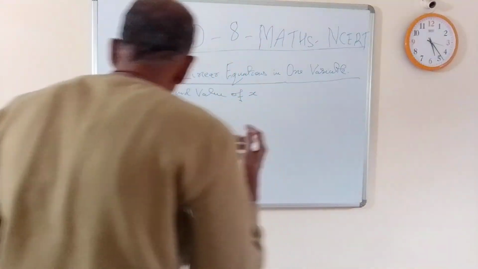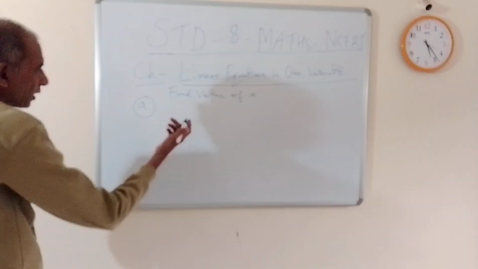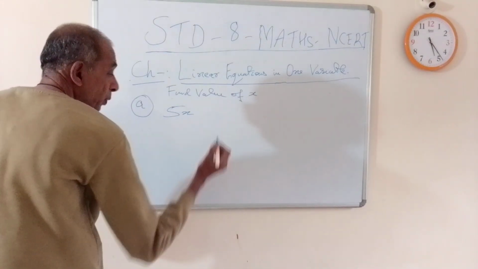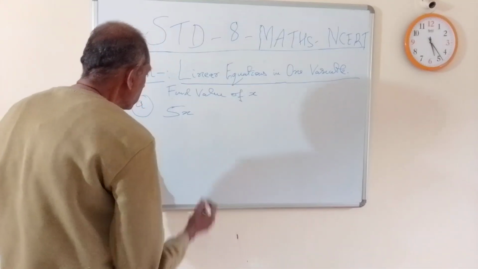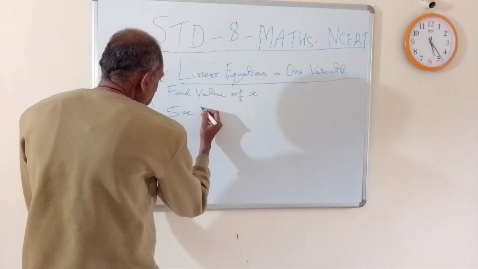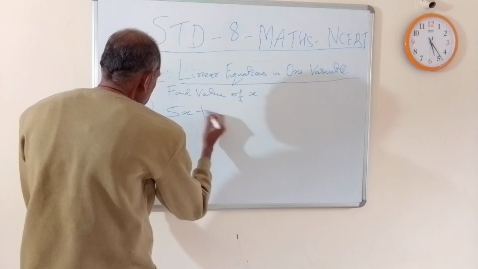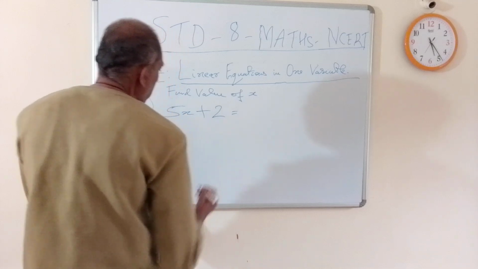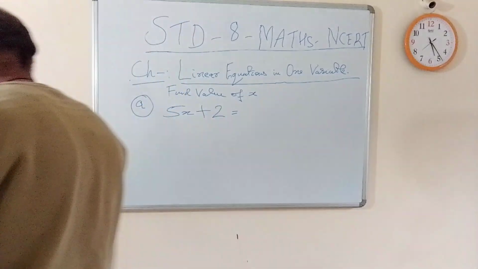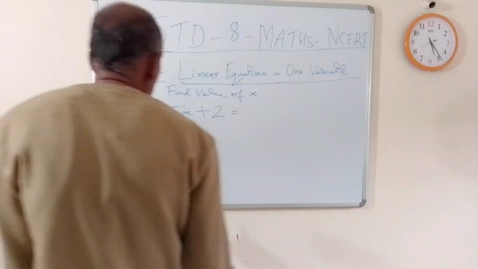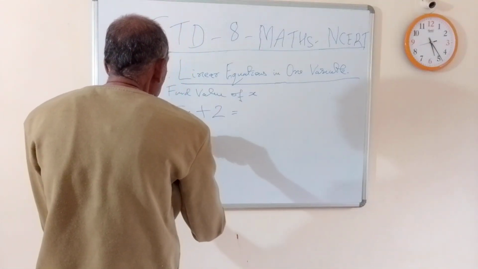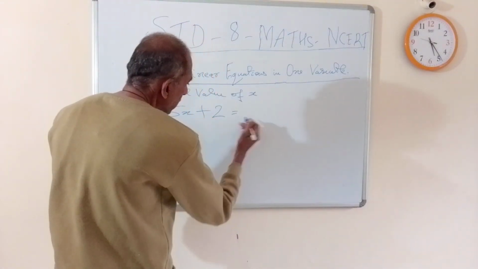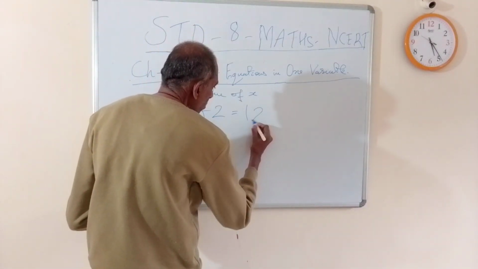And the sum may be, say, we can take similarly 5x, a very simple equation. 5x plus 2 is equal to, we'll take an example of 5x plus 2 is equal to 12.